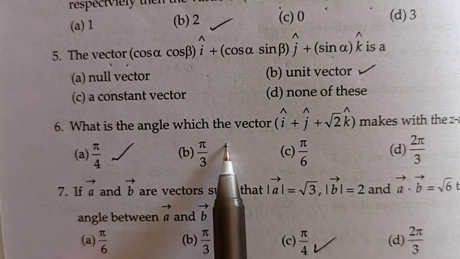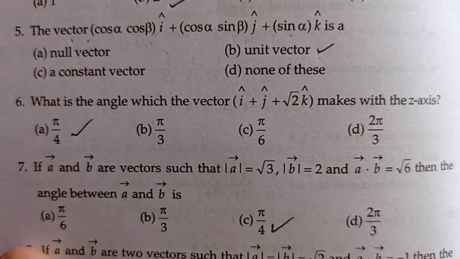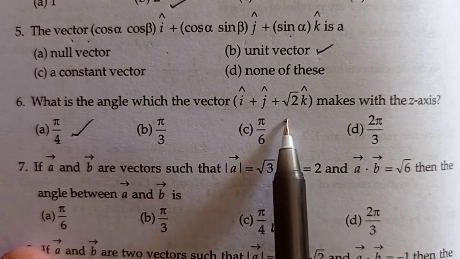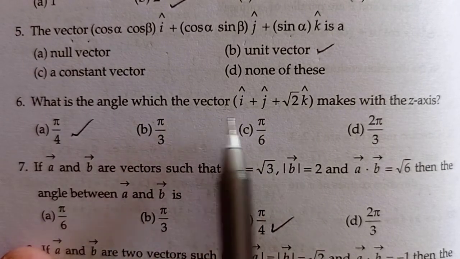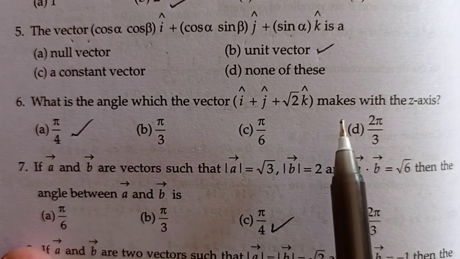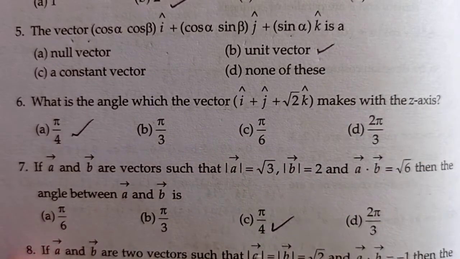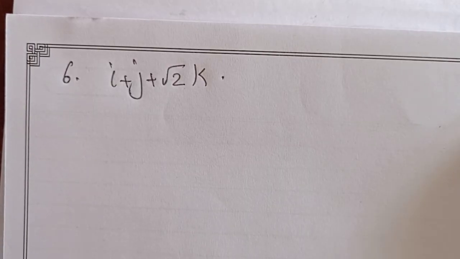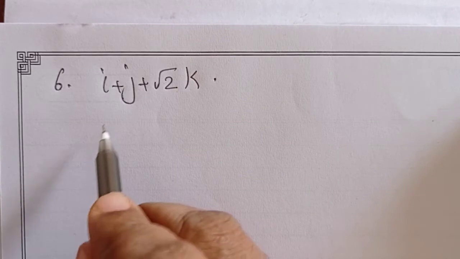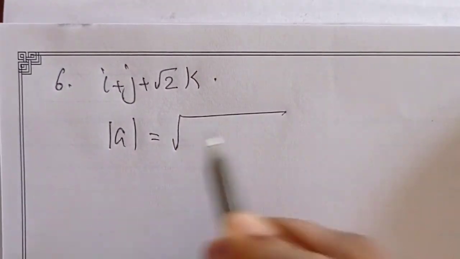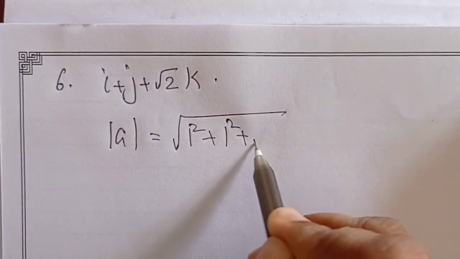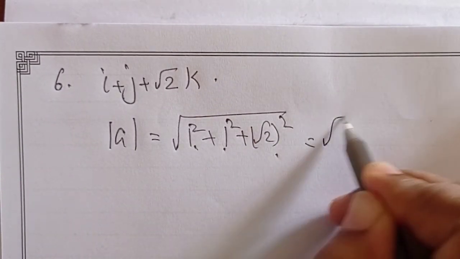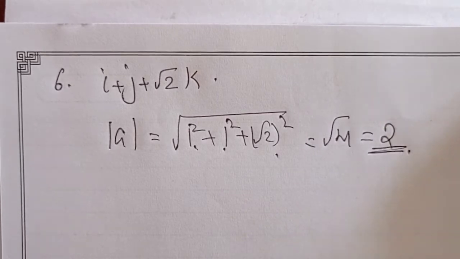What is the angle which the vector i plus j plus root 2 k makes with the z axis? Here this is the vector. Can you find what is the modulus of the vector? Root of 1 square plus 1 square plus root 2 the whole square, 1 plus 1 plus 2, 4. Root 4 means 2. Isn't it?